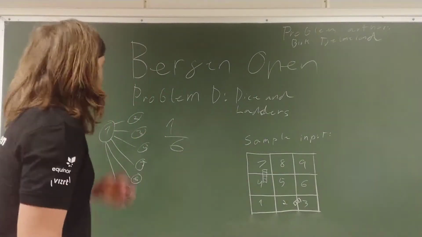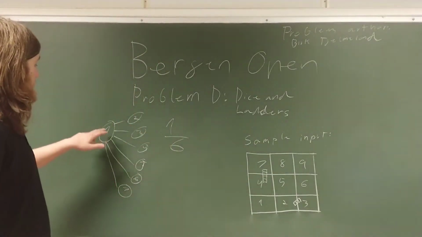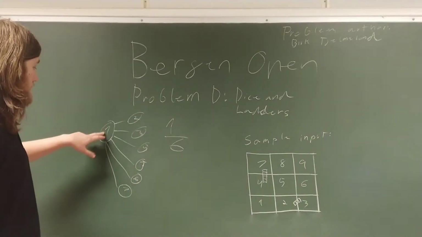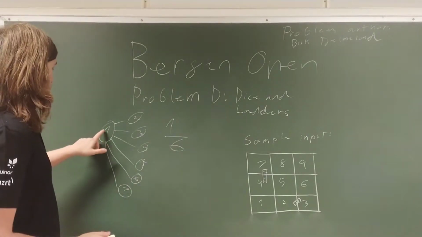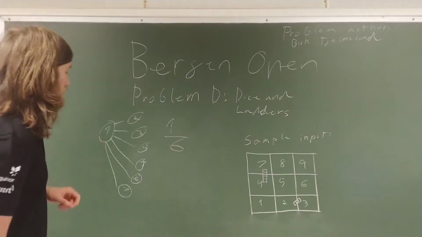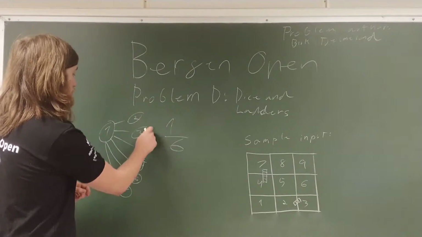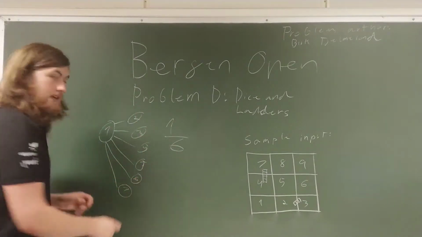But what if I do multiple dice rolls? Well, we can actually construct a full graph out of this. This is all the outgoing edges from node 1, and we can do the same for nodes 2, 3, 4, 5, 6, and 7.